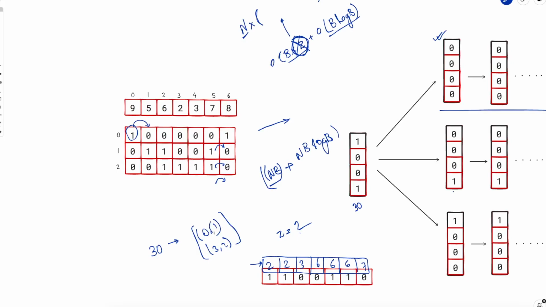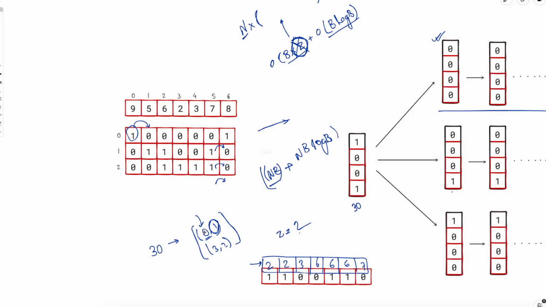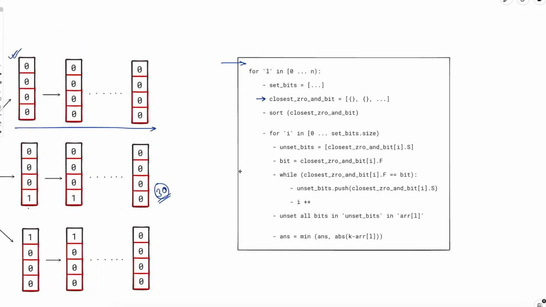Now the element you got first, that will be the bit which will be unset. So in this case nearest 0 was 1 for the bit 0, so you will first unset bit 0. And notice that if there are multiple elements with 1 as the nearest 0, you will unset them all in one single go. So what you will do, you will simply iterate over all the bits which are unset at that exact same position.